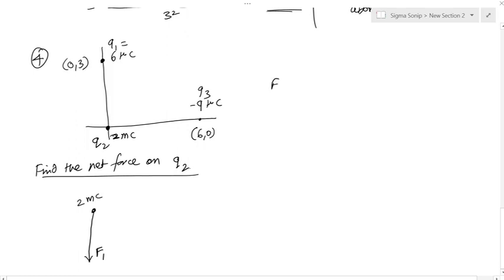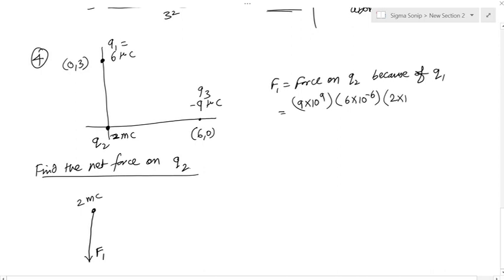F1 is the force on Q2 because of Q1. Again, we already know the formula, just plug in the values there. K times Q1, that's my first charge, times Q2, that's my second charge, divided by d square, which is 3 square.